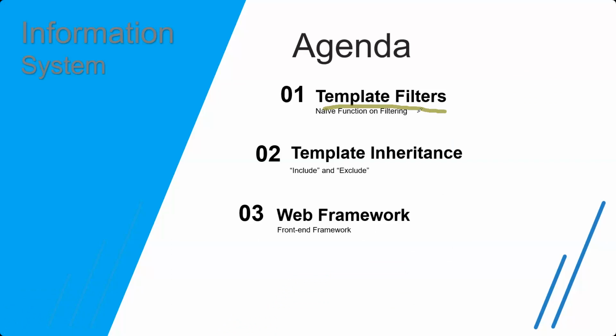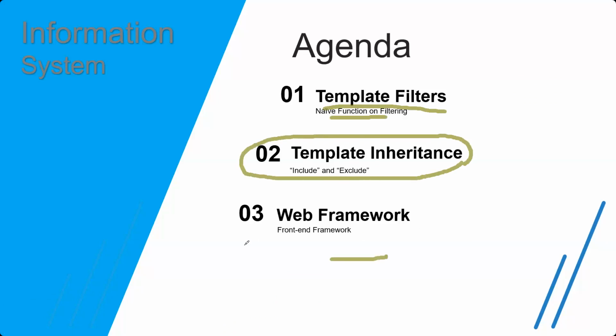Maybe I'll just explain a little bit about the filtering. And the important part in this section is about the template inheritance. So we are going to apply some object oriented concepts, how include and exclude can be applied to the web. And then we are going to look at some examples of how we can leverage the web framework.